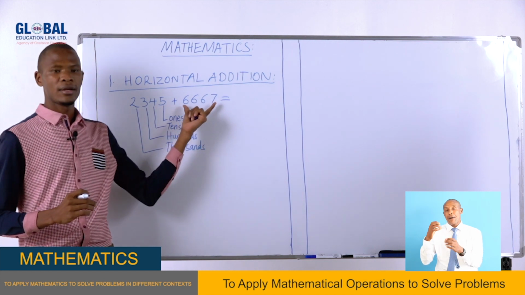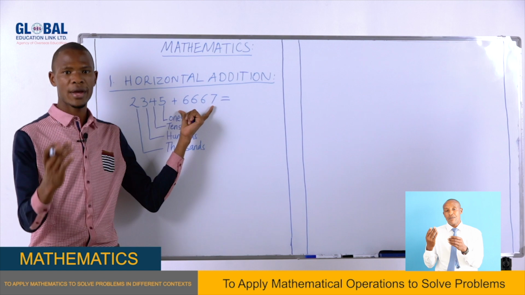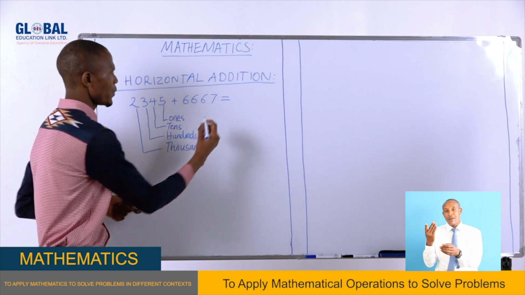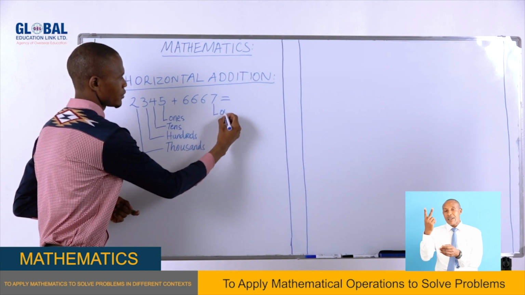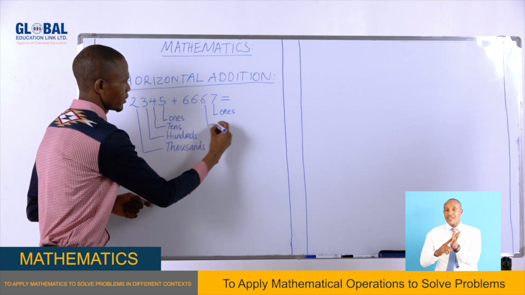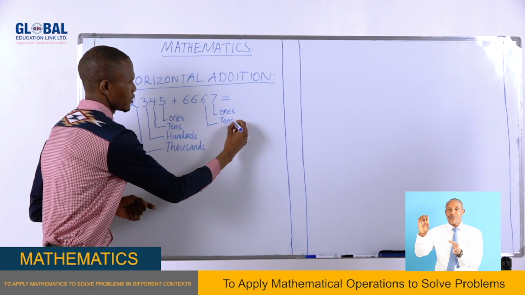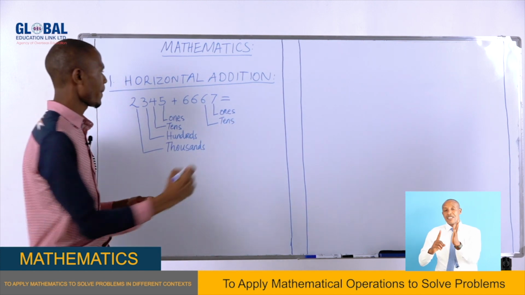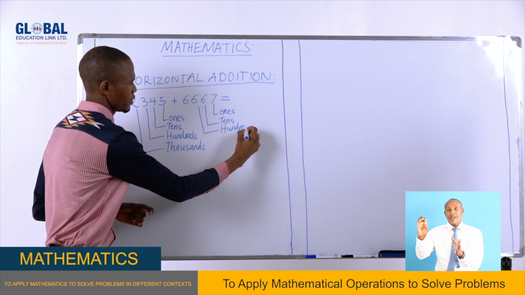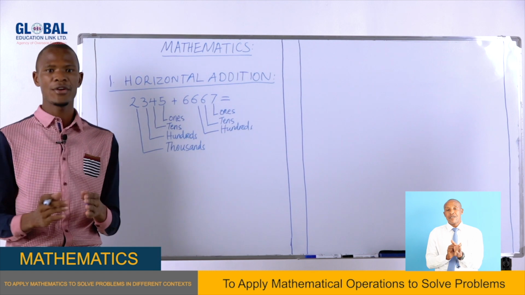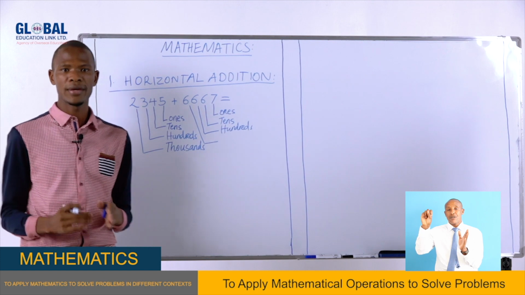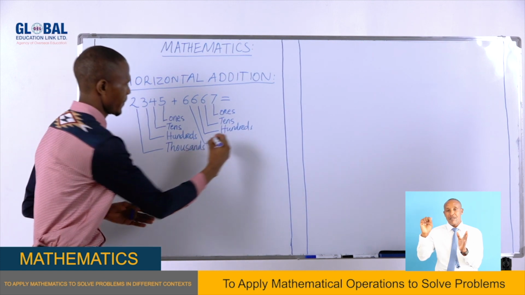And then in the second group of digits, we have the same place values: ones, tens, hundreds, as well as thousands.